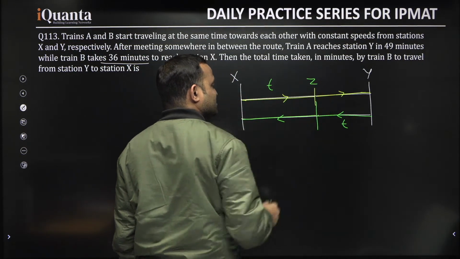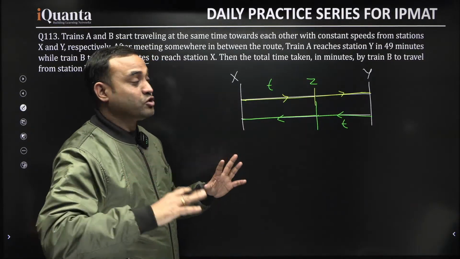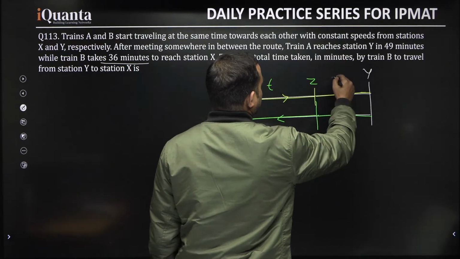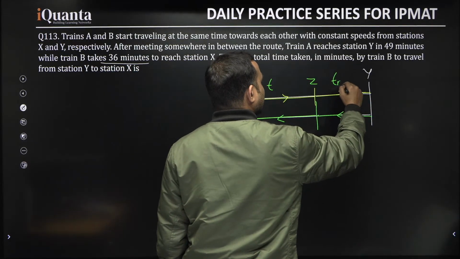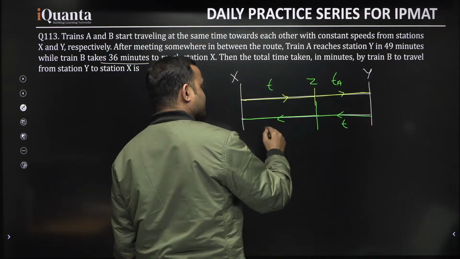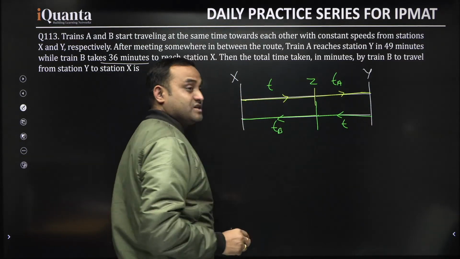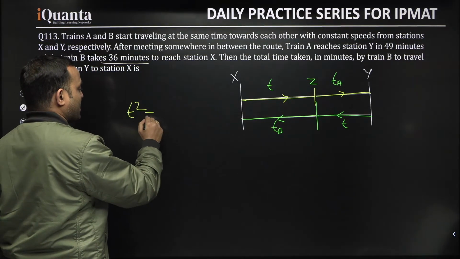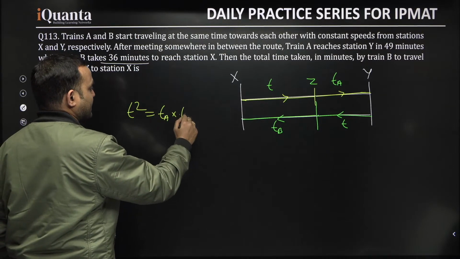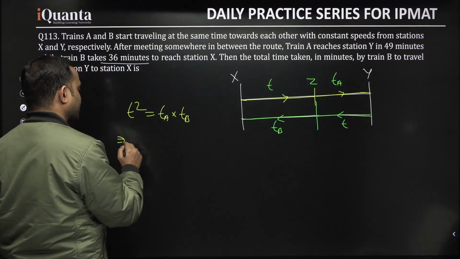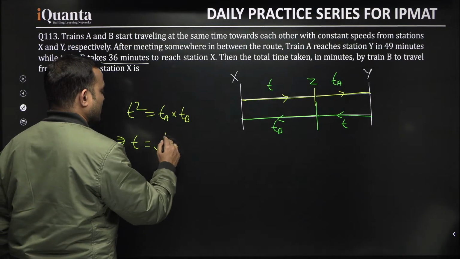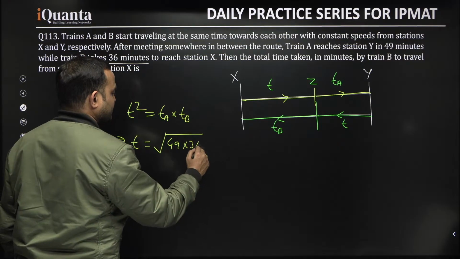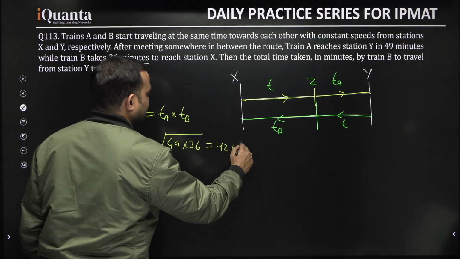If the time taken by train A after the meeting point is ta, and the time taken by train B after the meeting point to reach the destination is tb, then we can say this amazing formula: t square will be equal to ta into tb, or t will be equal to the square root of ta into tb. What is ta? 49 and 36. So 49 into 36 under the root, which is equal to 42 minutes.